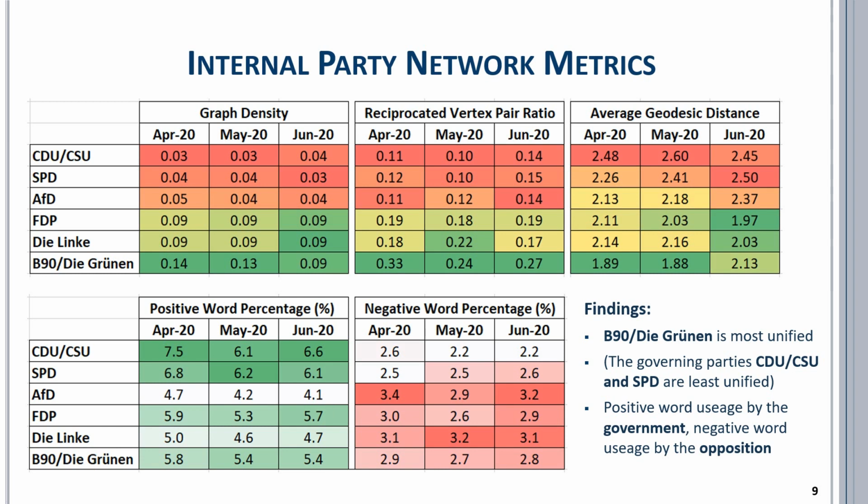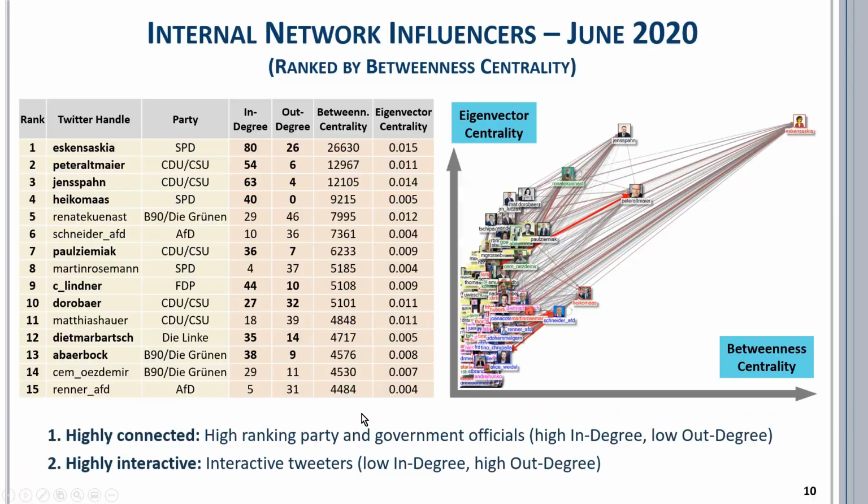Opposing to that, we see that the government parties have the lowest share of negative words, while the opposition parties use more negative words. And the reason for that is probably that the governing parties have to praise their own work in a positive way, while the opposition parties criticize this work in a negative way.